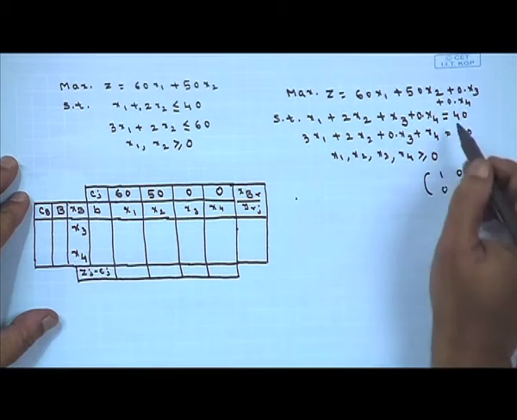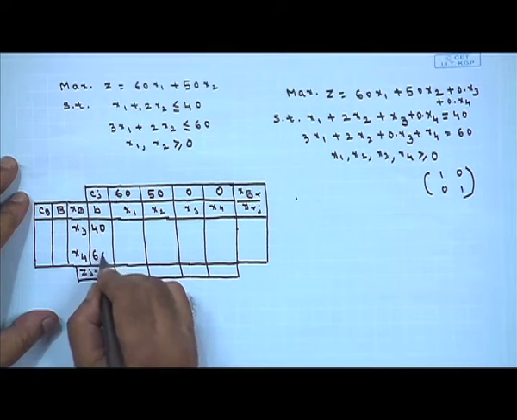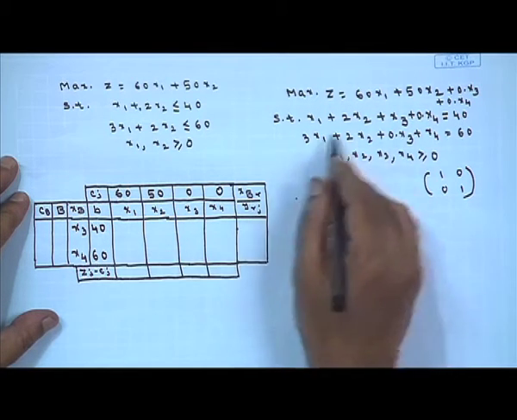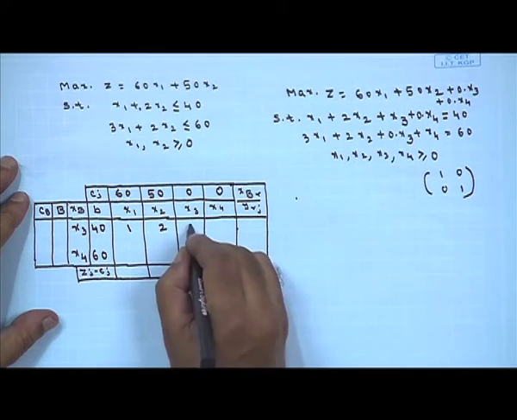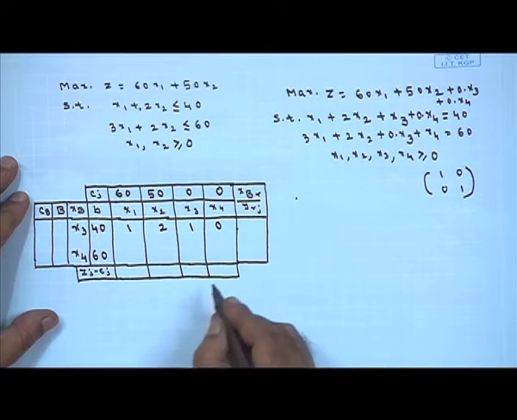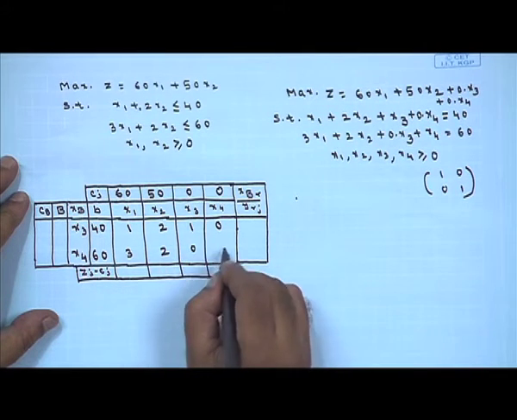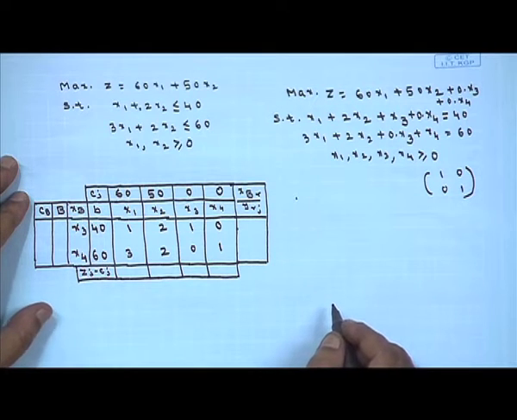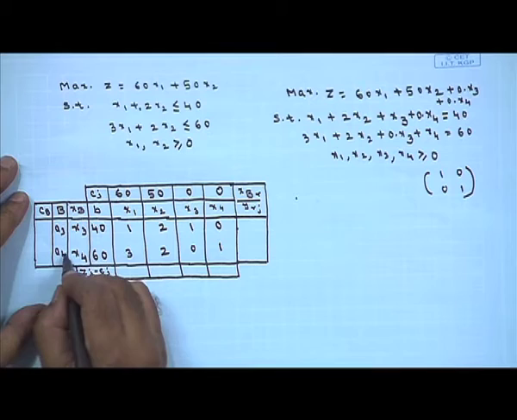This b corresponds to these two values 40 and 60. So, I am writing this as 40 and 60, and these coefficients are 1, 0 for x3, then 3 is the coefficient, for x2 it is 2, then 0 and then 1. In your basis we write the variables as a3 and a4.